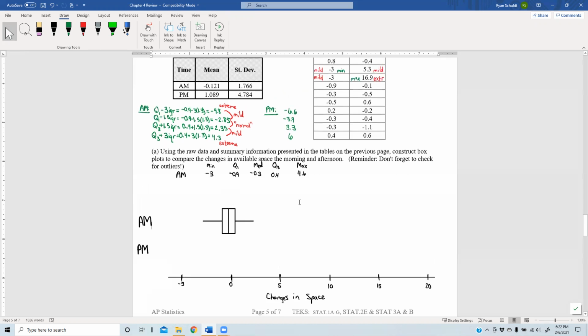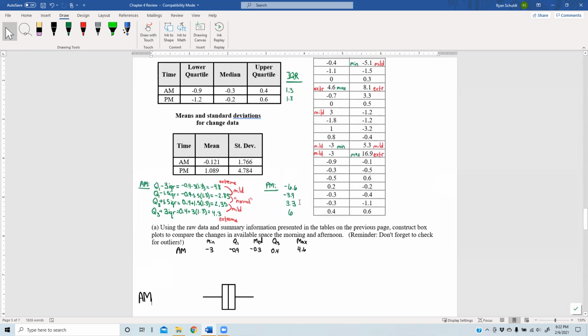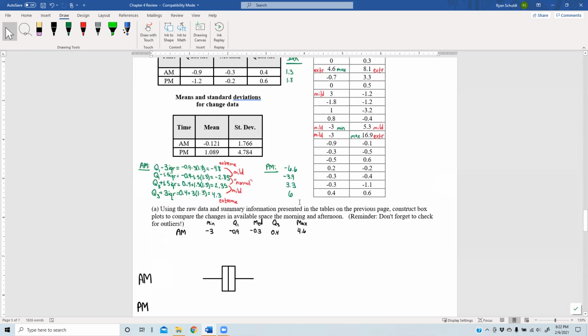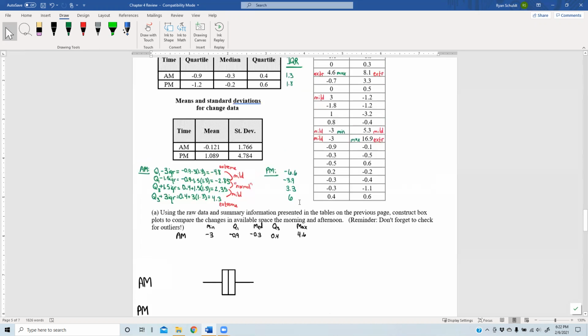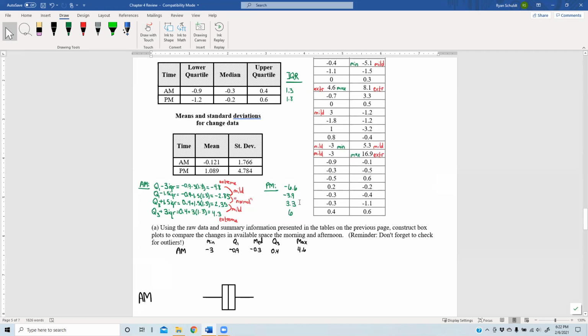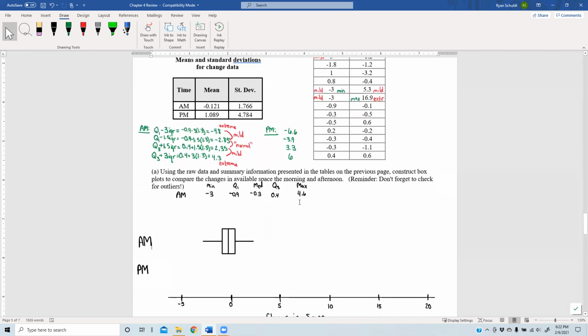Now, I'm still not done though. I've got really three outliers to plot. So I'm going to put a mild outlier at -3.